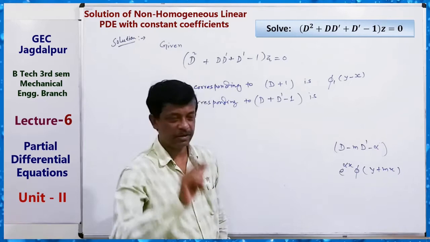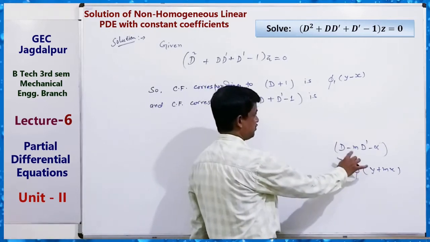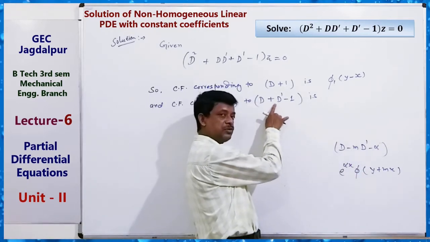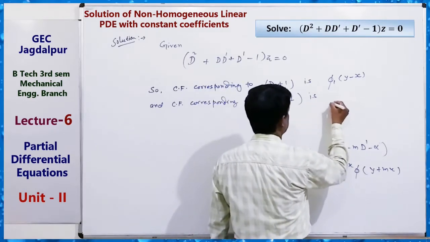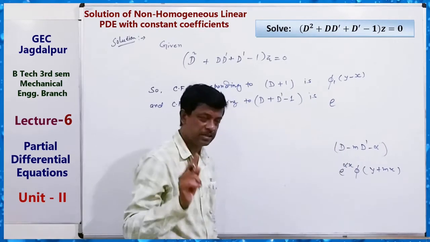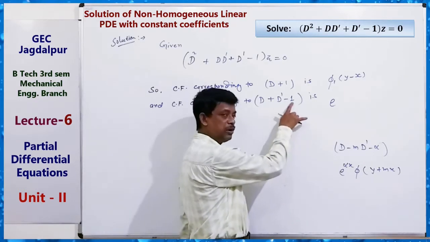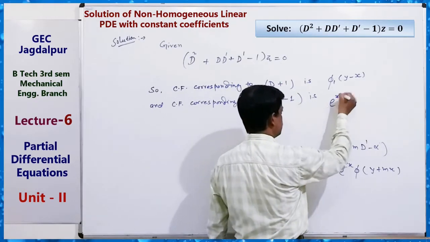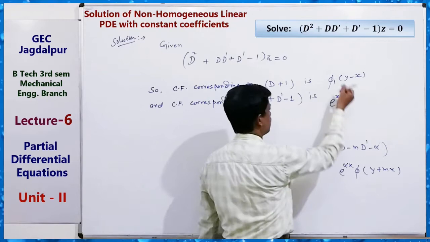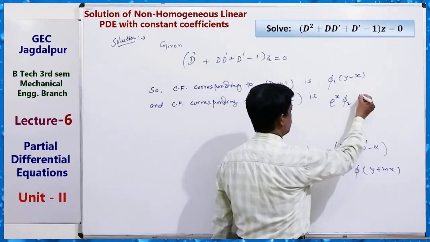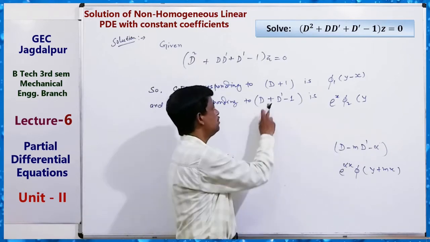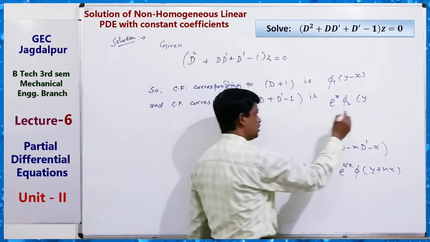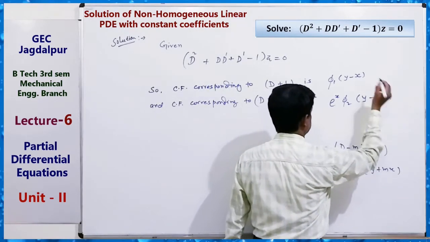So here m = −1, e^(αx), α = 1, so e^x. Here φ₂(y + mx), m being −1, y − x.